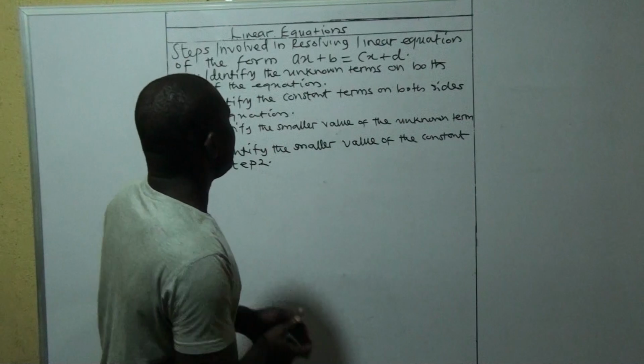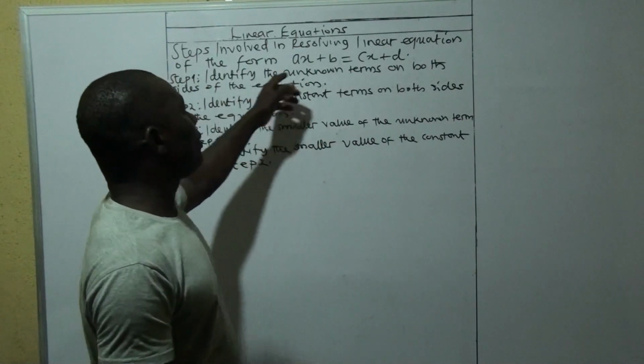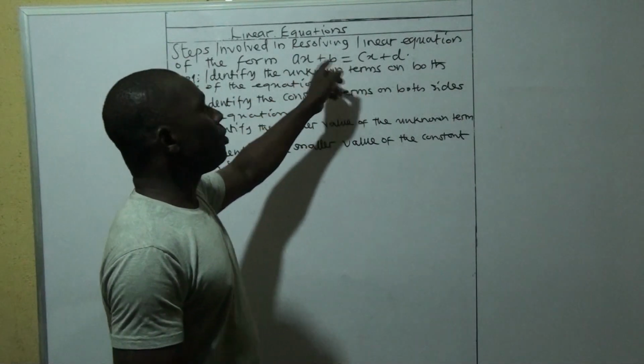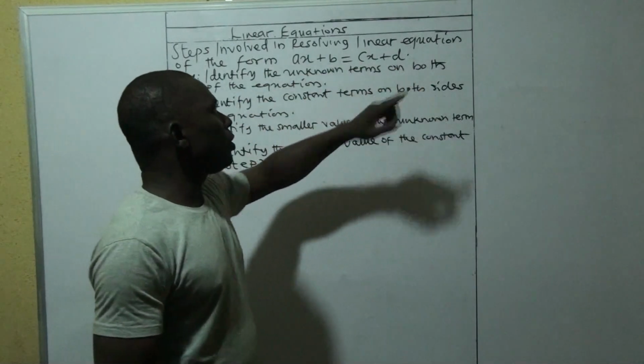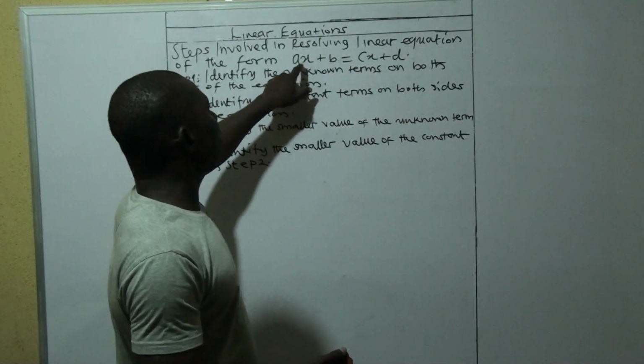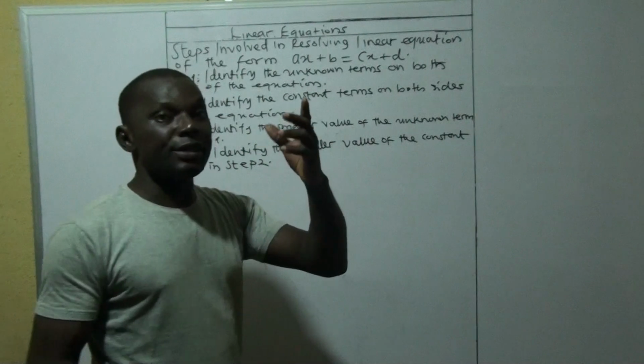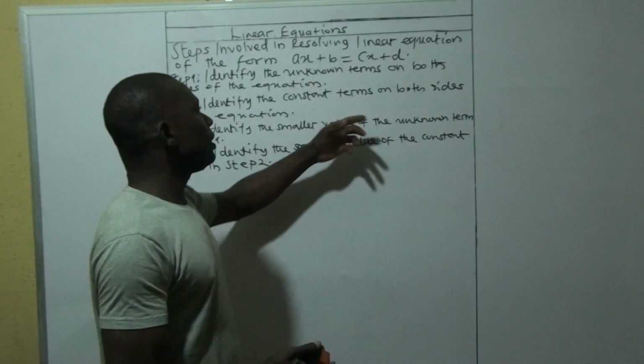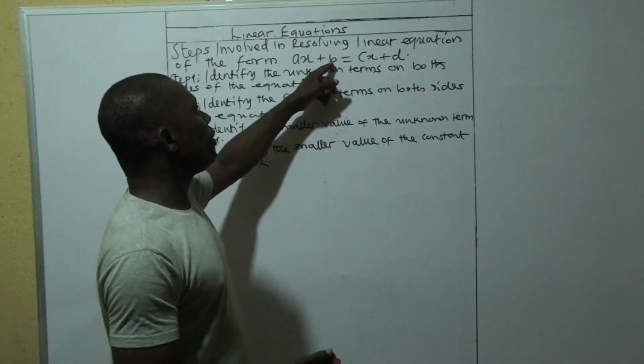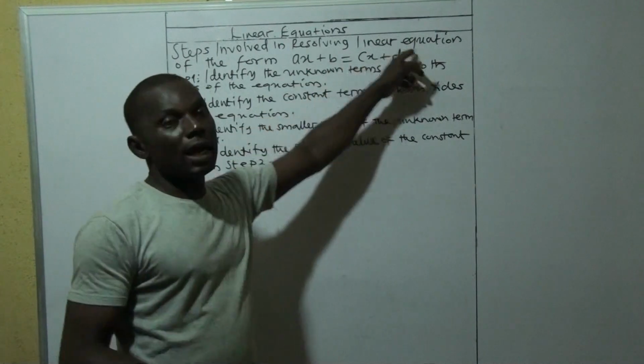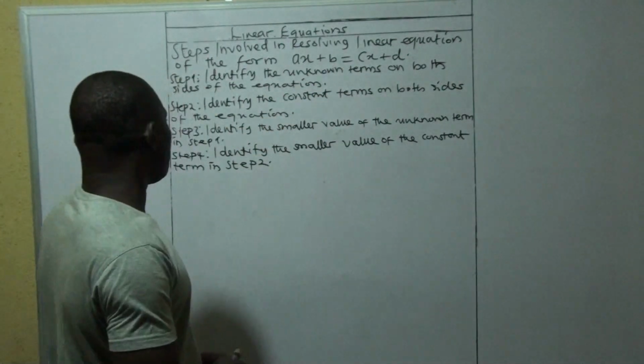So that's the next step after identifying the unknown terms on both sides and the constant terms on both sides. Among ax and cx, you identify the smaller one of them, as well as the smaller one between b and d. Those are the things you have to do.